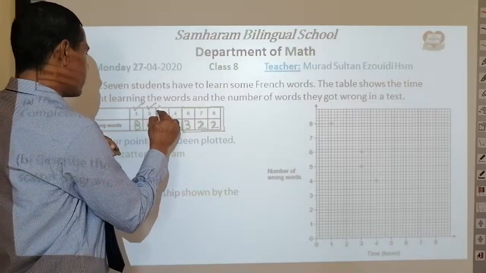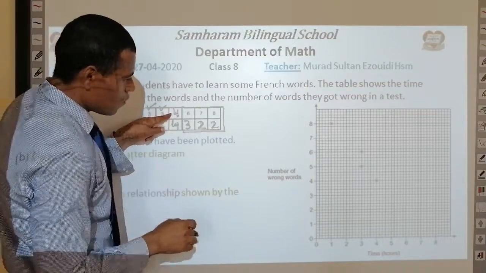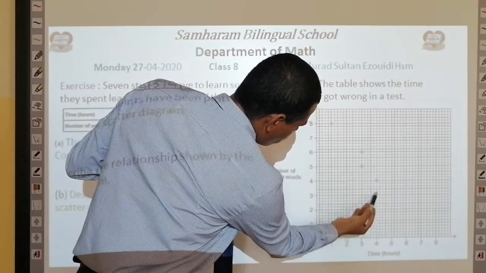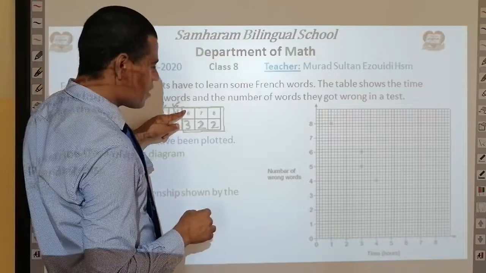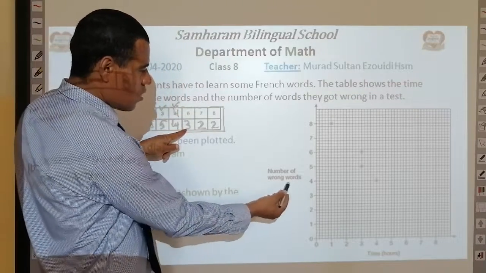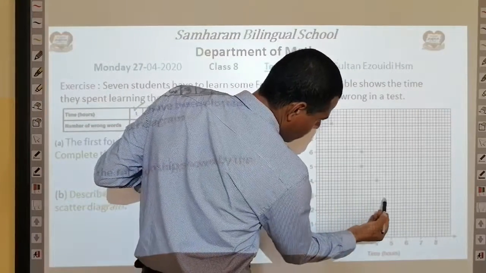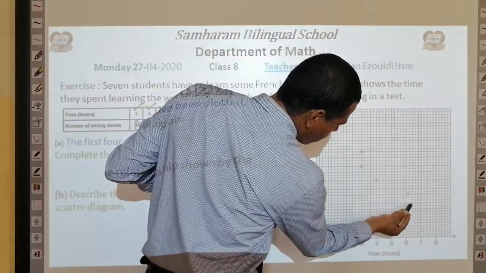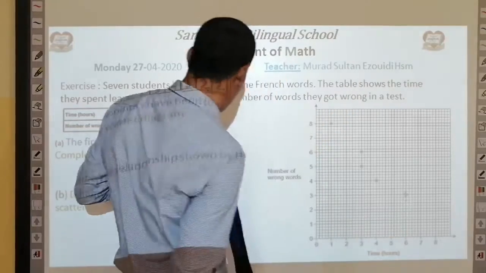Okay, it's done. And for 4 hours we have 4. Yes, it's done also. So for 6 hours we have 3 wrong words.